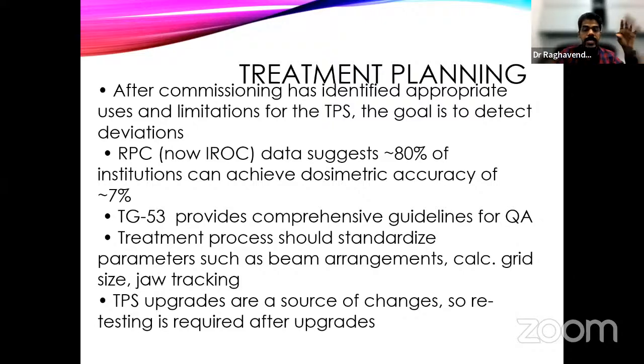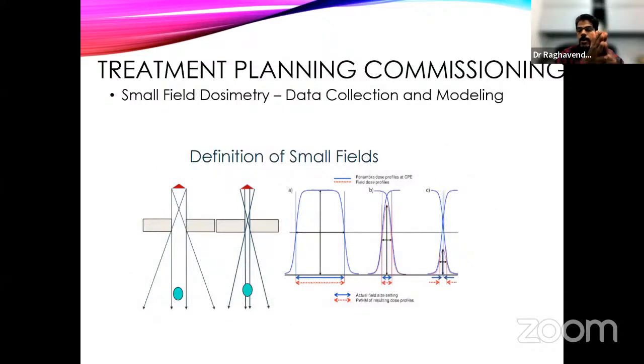And what are the errors coming actually? Whenever the TPS upgrade happens, there are changes in the source modeling and changes in the transport modeling that will influence the dose calculation. So we need to be very careful at that particular time also. It's not a one-time problem.